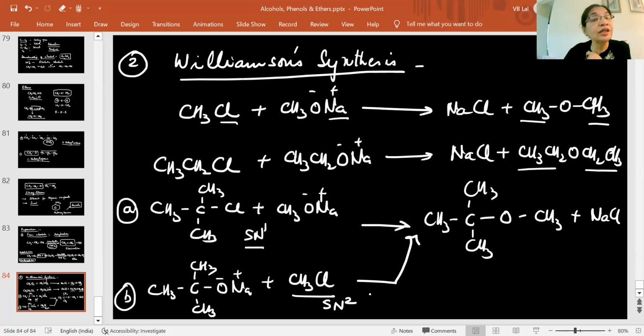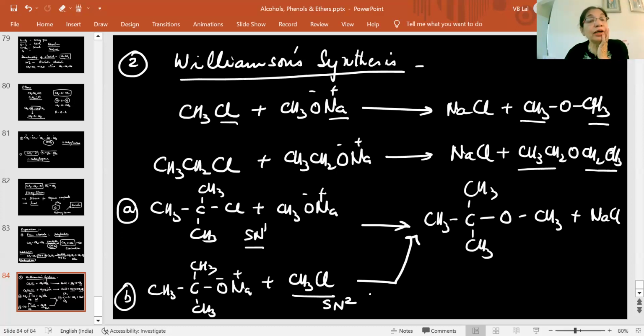But if it is a tertiary alkyl halide, then the major product will be an elimination product. If I take the first combination, that is A, then I will get an alkene. This CH3ONa will work like alcoholic KOH, and I will get elimination products. But if I take a primary alkyl halide, then my major product will be a substitution product. This CH3ONa will attack from the back, and I will get this product.